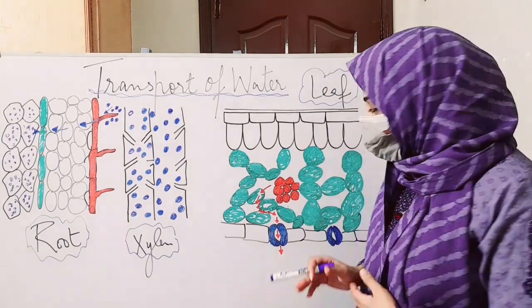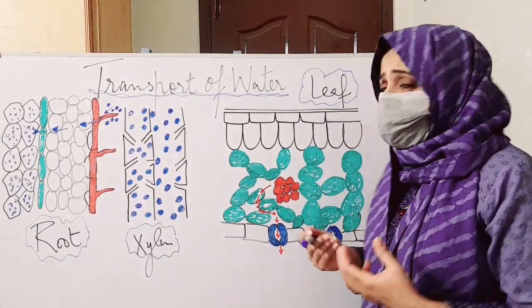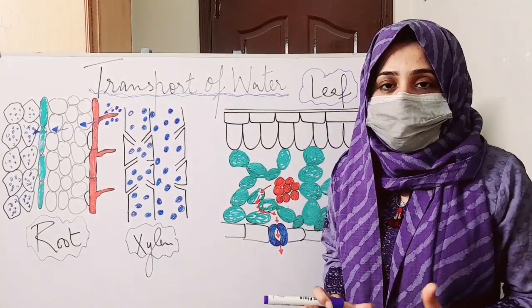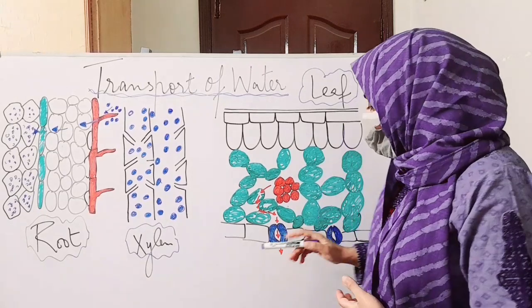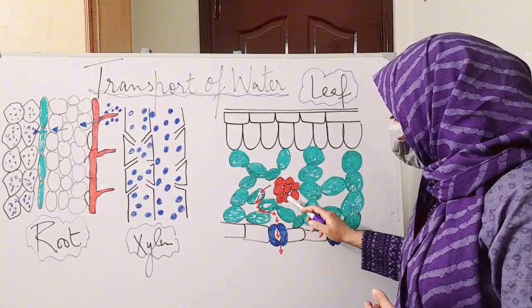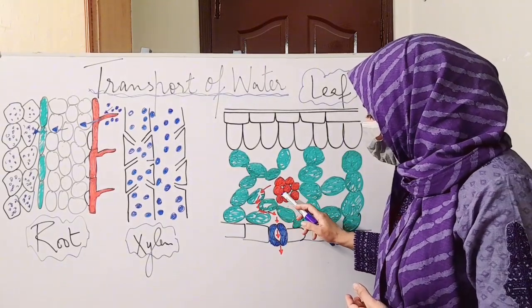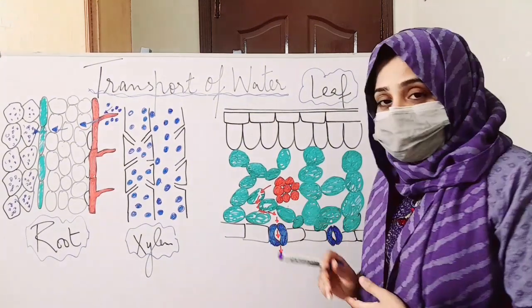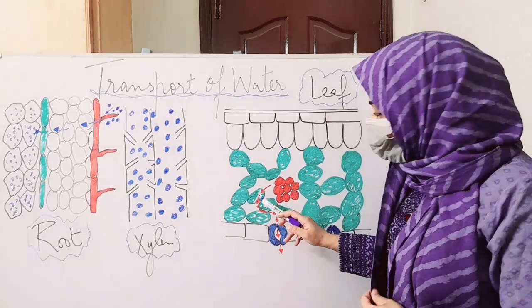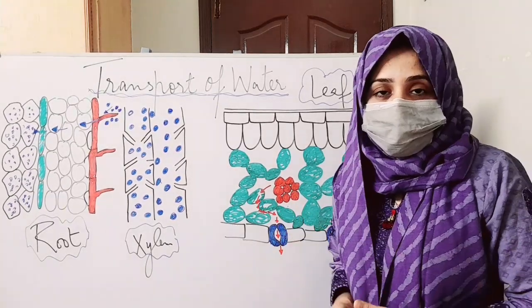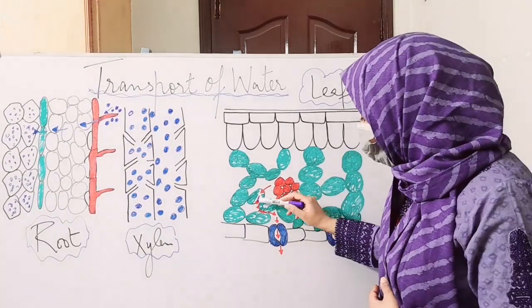So let me repeat how this transpirational pull is created. As we know, the mesophyll cells provide a large surface area for the transpiration of water. So mesophyll cells draw water from the xylem tissue of the leaf. Water enters into the mesophyll cells, and from the mesophyll cells, the water molecules form a water film.